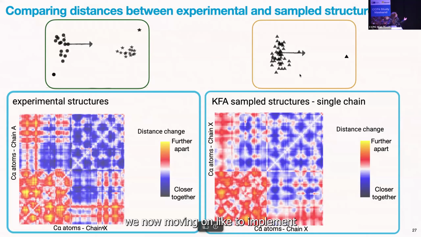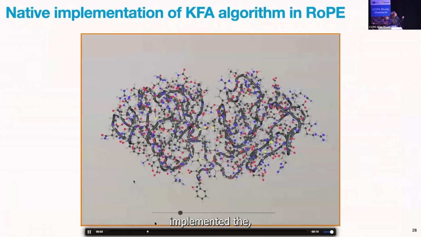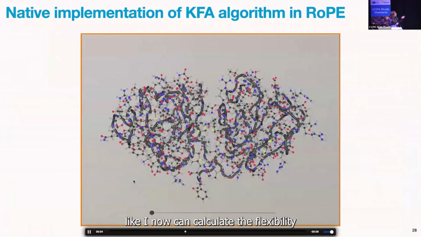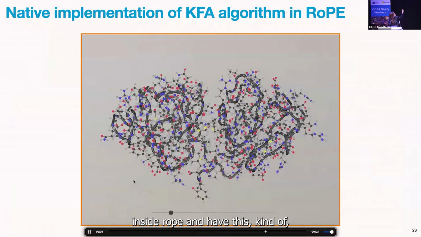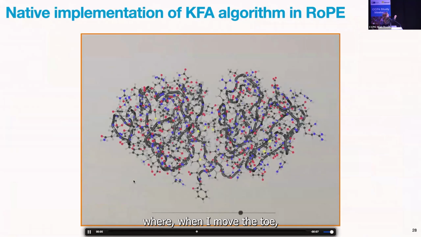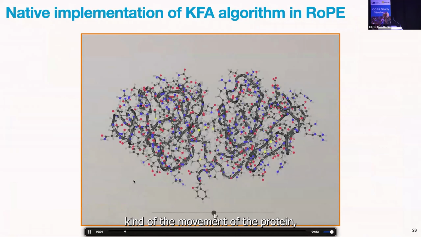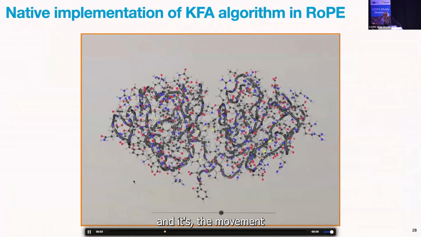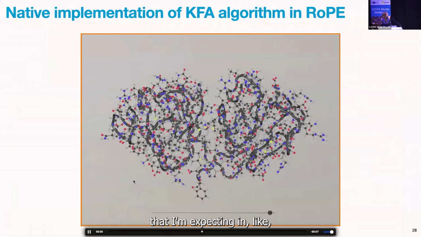So we're now moving on to implement everything in ROPE, and I have implemented it so that I can now calculate the flexibility inside ROPE and create this kind of movement, where when I move the bar, I can see the movement of the protein, and it's the movement that I'm expecting, and the flexible regions are moving where I'm expecting them to be moving.